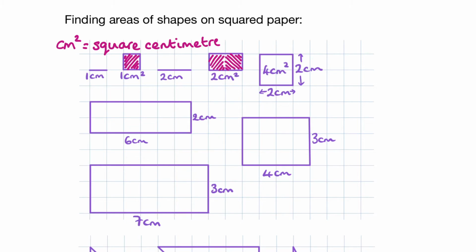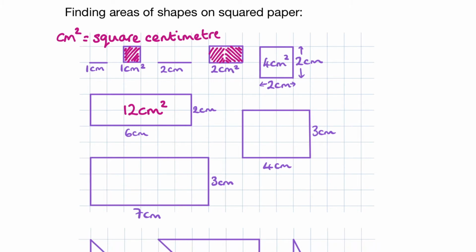Okay, let's see what we've got for our areas then. So for the 6 by 2 rectangle here, when we count up all those squares, we count up to 12 square centimetres. Okay. This one at the side, the 4 by 3 centimetres one, again, that's got an area of 12 square centimetres.